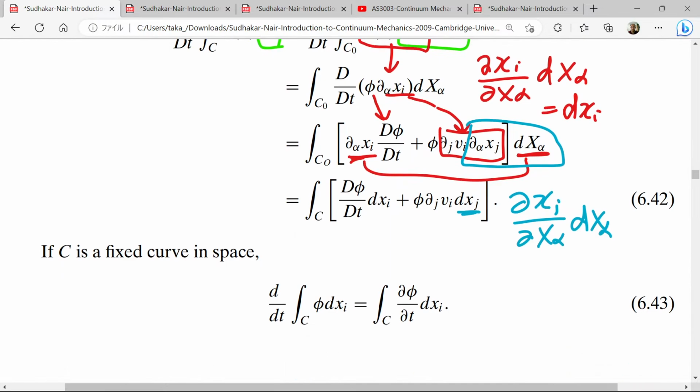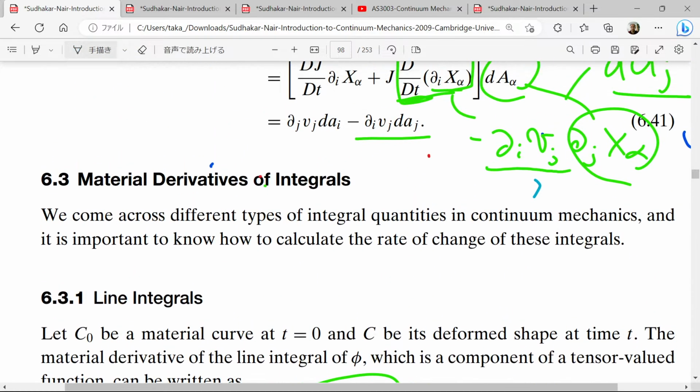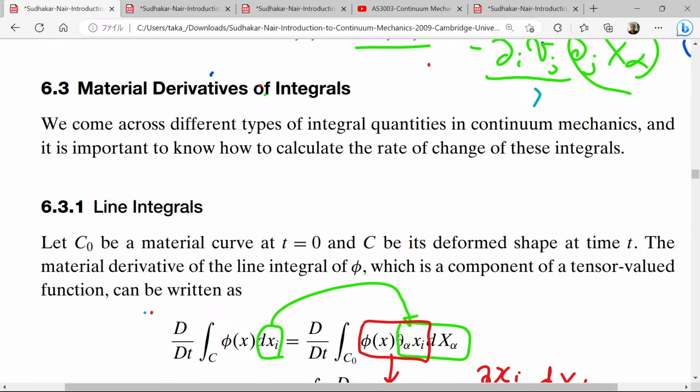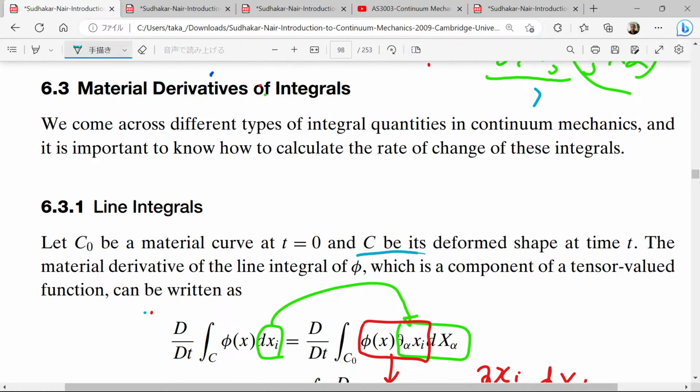If C is a fixed curve in space, so this part I didn't understand. This is a fixed curve in space. Because this C is deformed, C is its deformed shape at t.